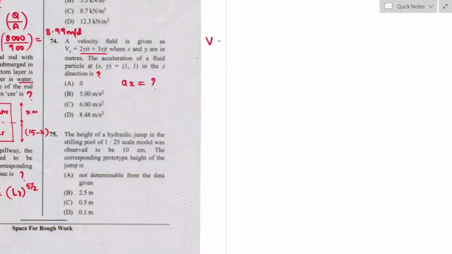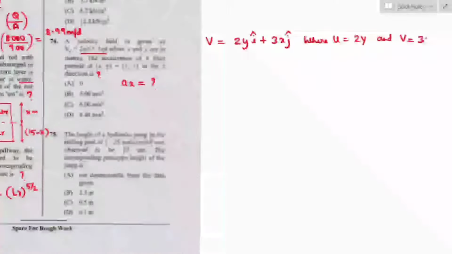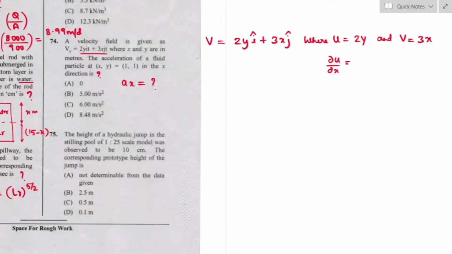The given velocity field equation is 2y i plus 3x j, where u is equal to 2y and v is equal to 3x. Dou u by dou x is equal to 0. Dou u by dou y is 2. Dou u by dou t is 0.